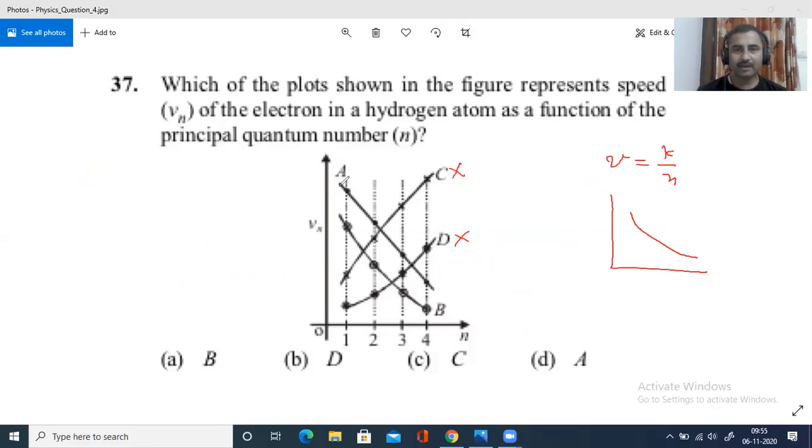Now A graph is also an incorrect option because it is a straight line. The only graph which is correct is B. It is decreasing and curvilinear. So the option which is correct is option A, which represents graph B. So graph B is the correct graph and option A is the correct answer.